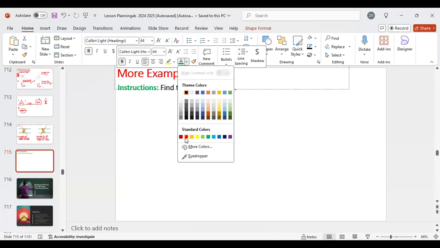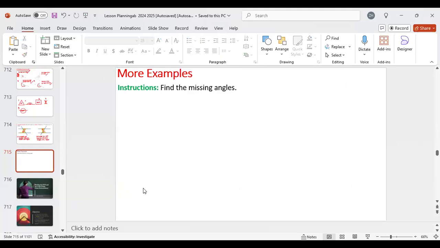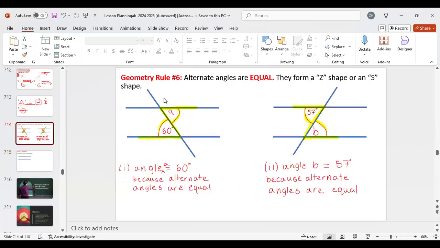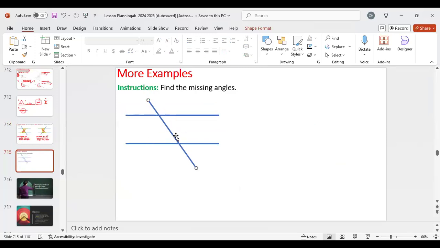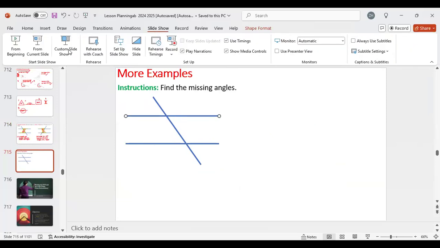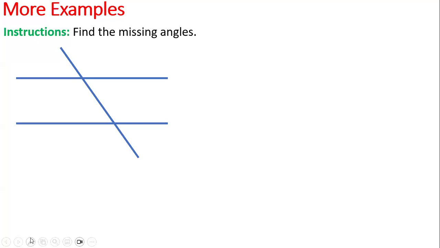Now for this one, let's say, for example, we have, again, these two parallel lines. And again, we have our transversal running through. Let's say we know that this angle right here is 61 degrees.